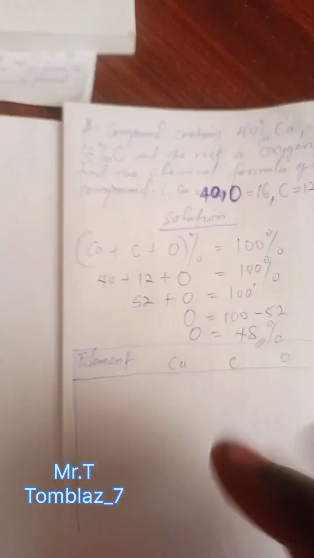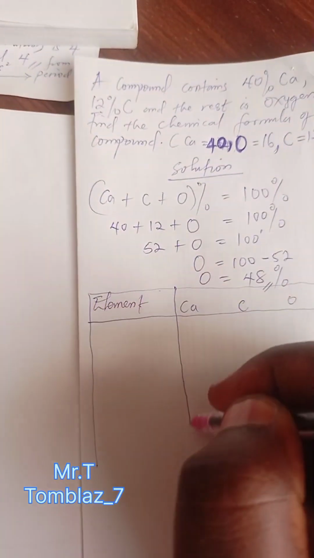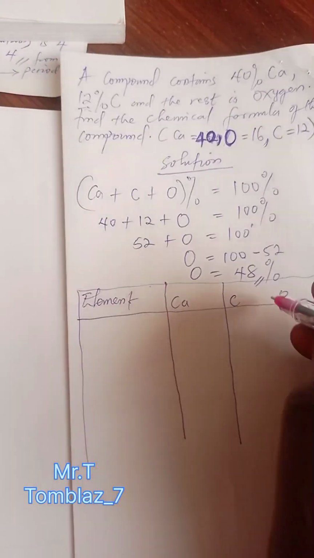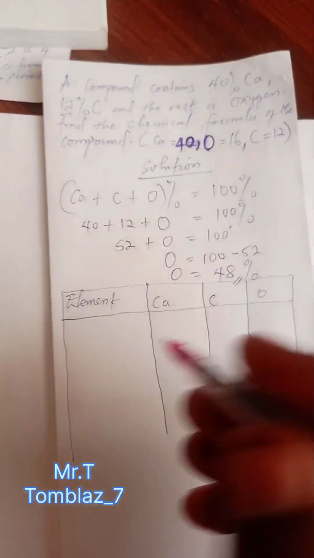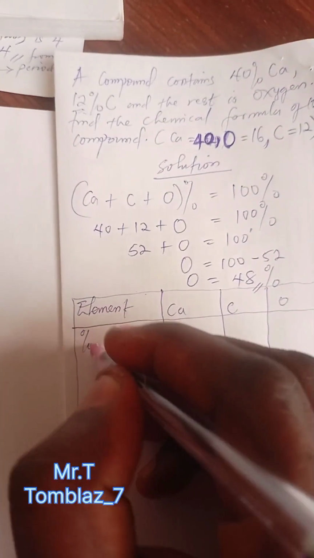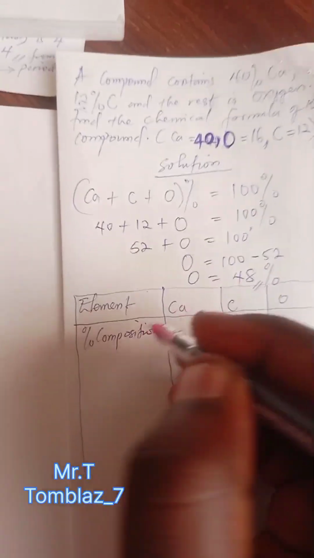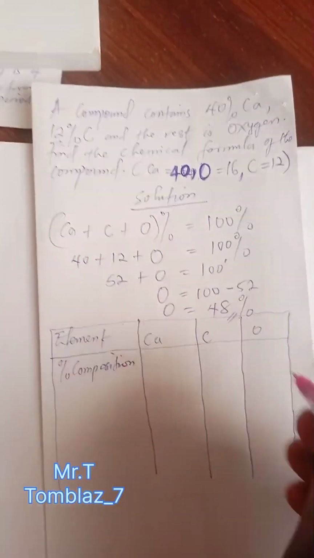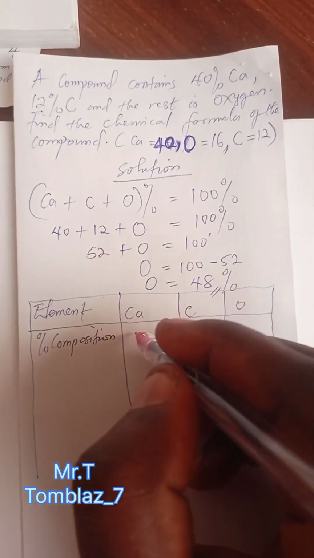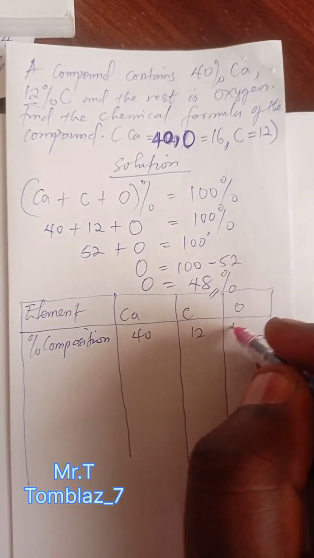Okay, in this table, let me separate this and this and this. So first we have percentage of the compositions. For calcium we have 40, for carbon we have 12, and for oxygen we have 48.